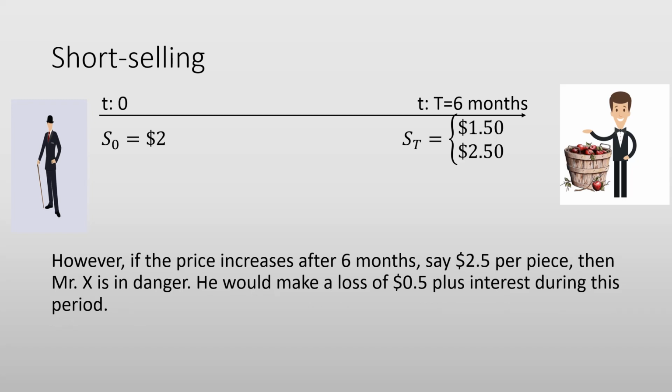However, if the price increases after 6 months, say to $2.5 per apple, then Mr. X is in danger. He would make a loss of $0.5 minus the interest earned during this period.